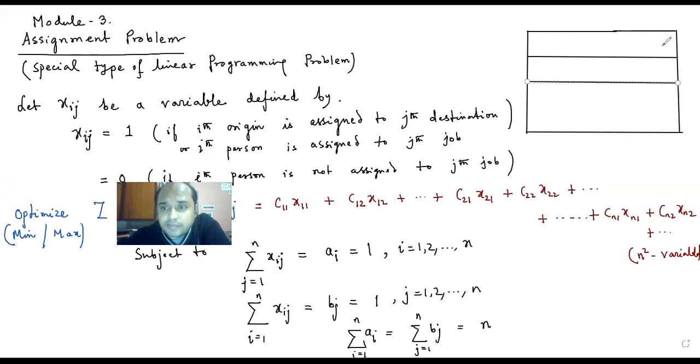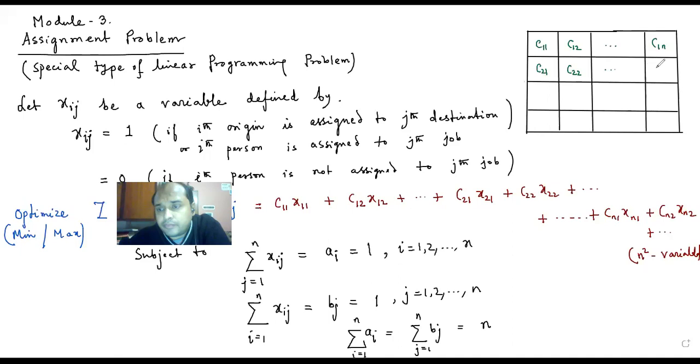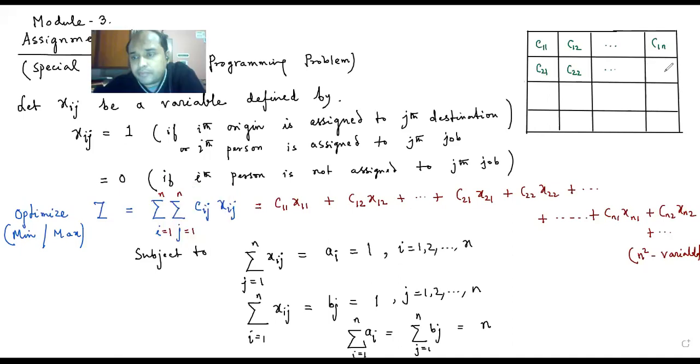C is cost, the per unit contribution of the decision variables in the objective function, just like we do in a linear programming problem. What does this coefficient represent? This coefficient represents the per unit contribution of the decision variables in the objective function.